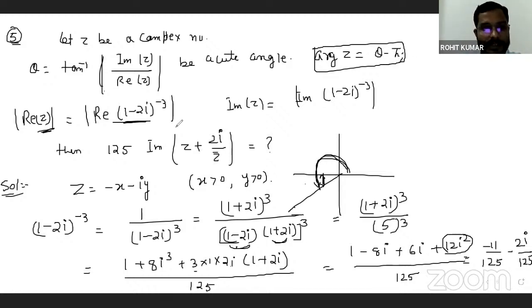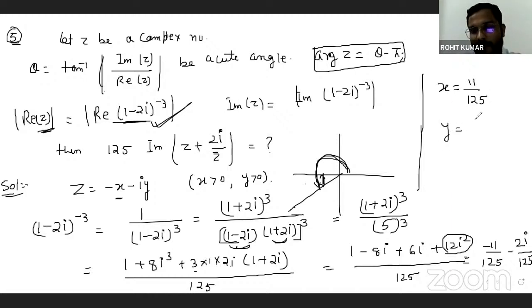So according to this, real part of this is equal to real part of that. So x is equal to 11 by 125. And y will be equal to 2 upon 125, because imaginary part of z is modulus of imaginary part of (1 minus 2i) power minus 3.